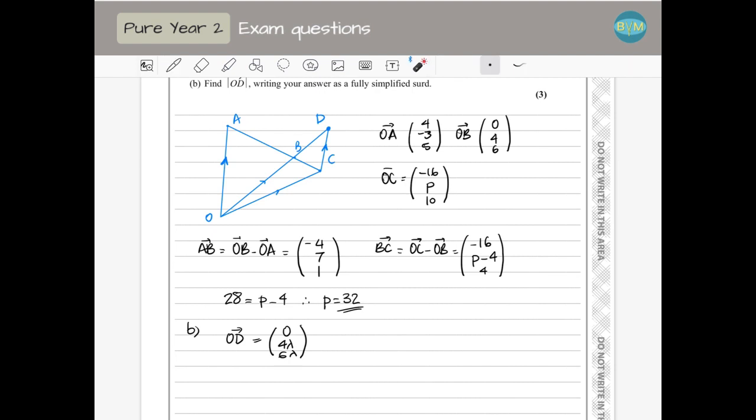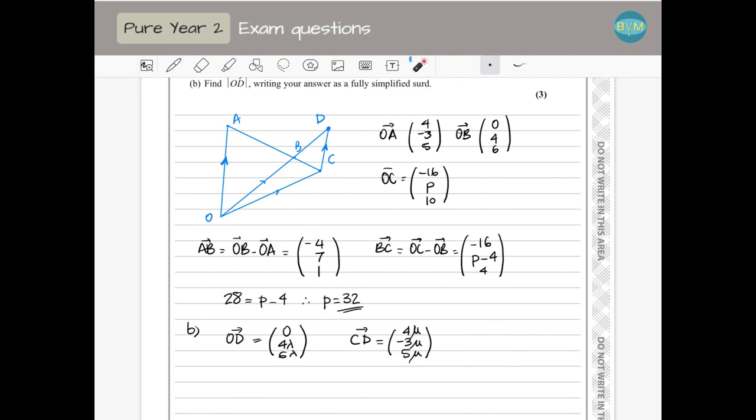This vector CD is parallel to OA, so I can write CD as another scalar, mu, multiplied by OA: (4 mu, -3 mu, 5 mu).